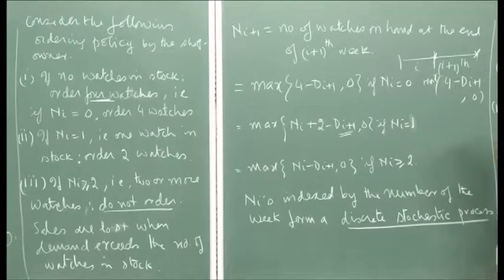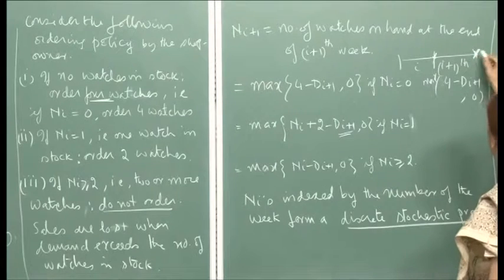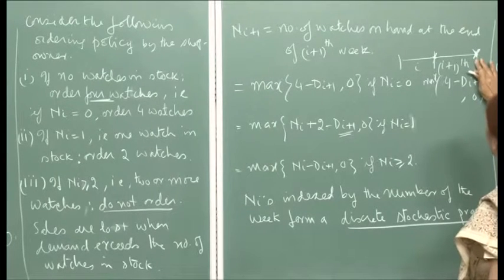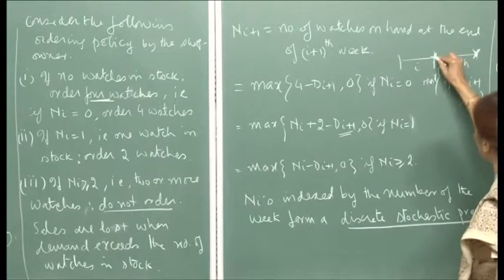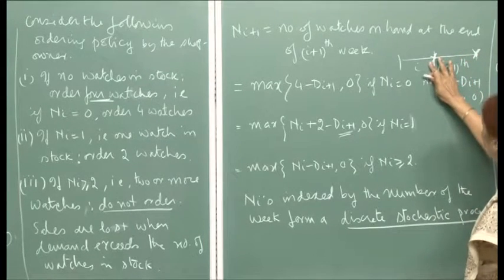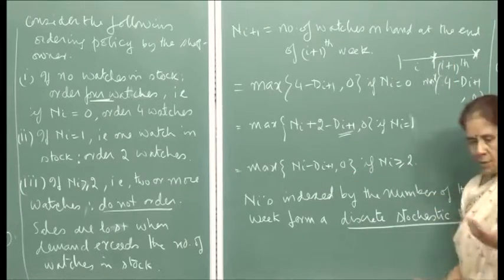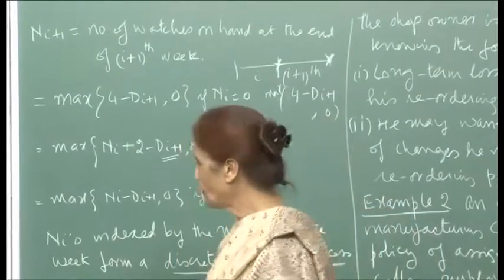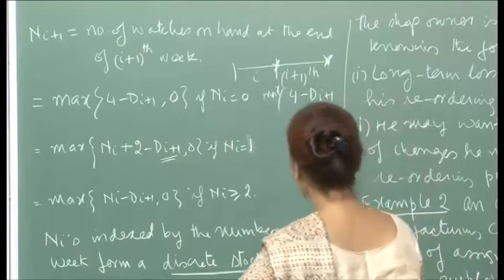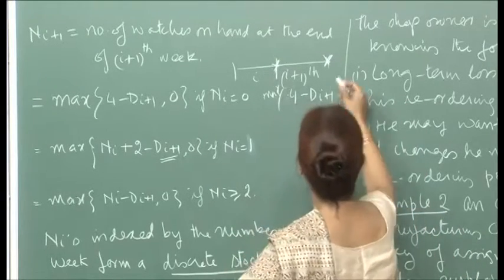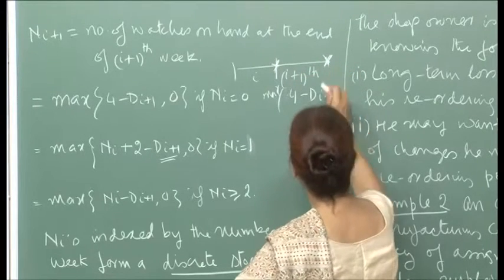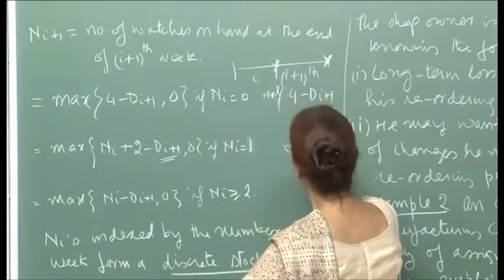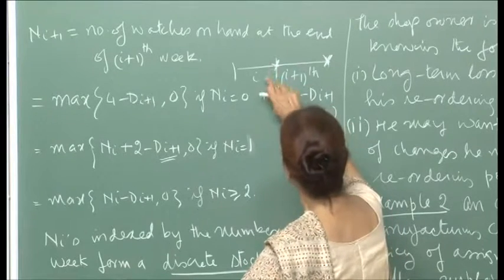So you see the situation at the end of the (i+1)th week is dependent on your situation at the end of the ith week and the demand. So here are 2 random phenomena on which the state of the system, if you want to call it, that means the state occupied by the system at the (i+1)th week, given to you by N_{i+1}, and this is the current state.